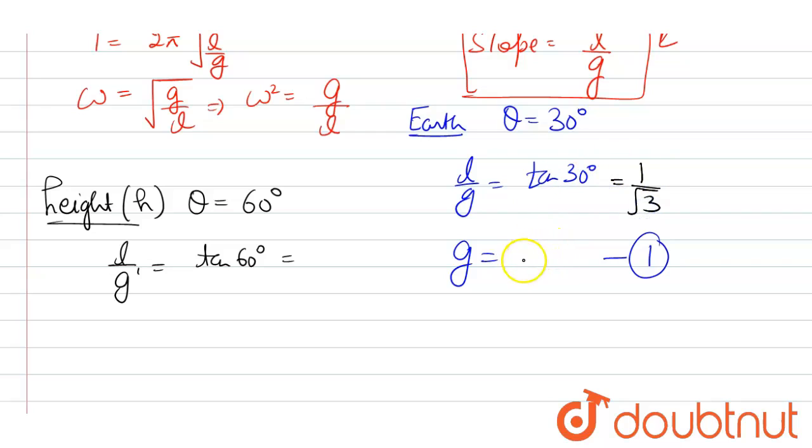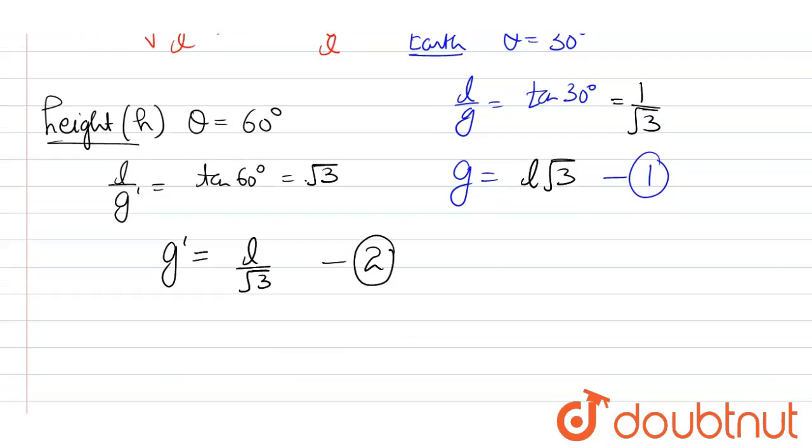So g comes out to be L root 3. And here g dash comes out to be L by root 3, since tan 60 is root 3. This we assume to be the second equation.